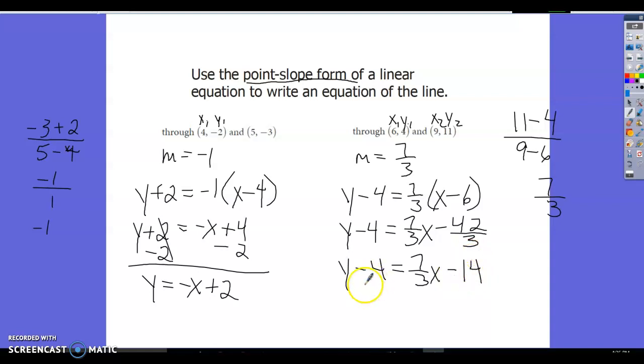So that becomes negative 14. And then we add 4 to both sides. y equals 7/3 x minus 10.